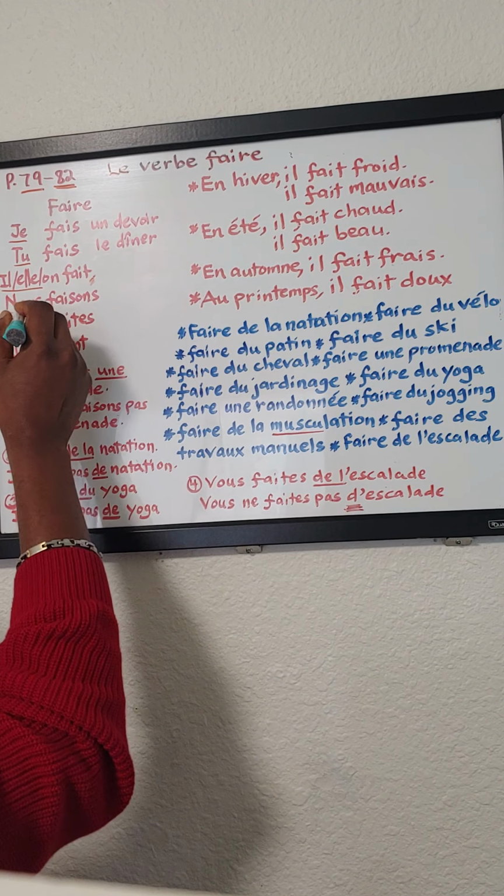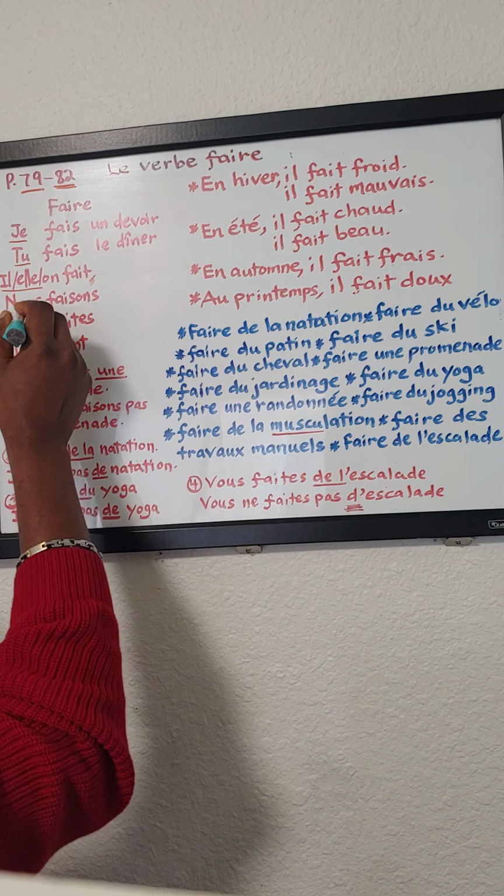En été, in summer. Il fait chaud. It is hot outside. Or, en été, il fait beau. It is beautiful outside. En automne, in the fall, or in autumn.